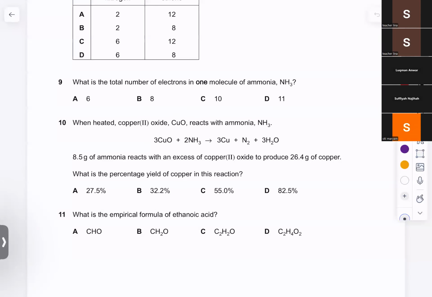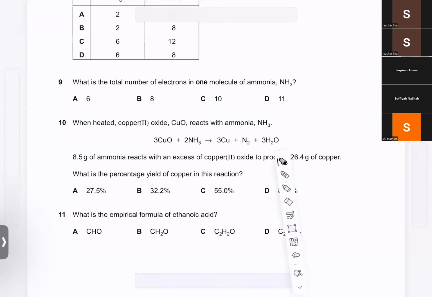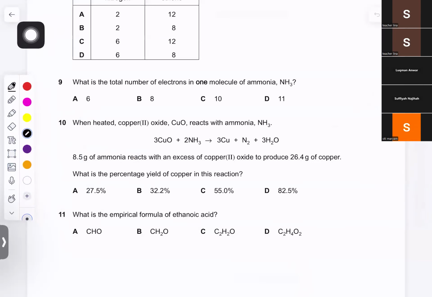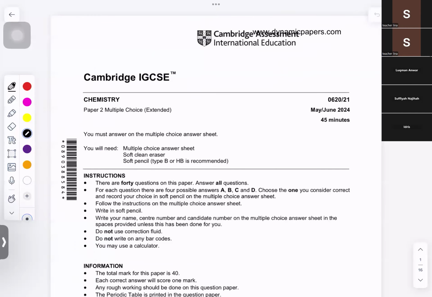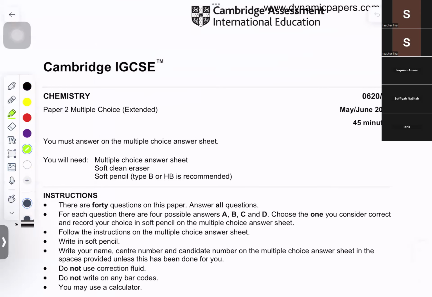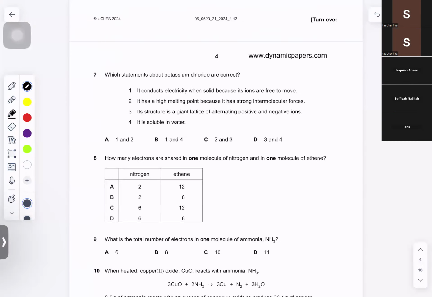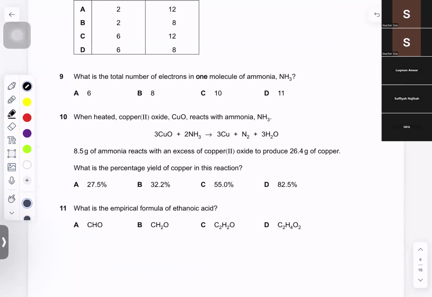This is May June 2024, up to after the paper. You can go to May June 2024, variant 21. Okay, so done, right? This is calculation. Students are often confused by calculation.